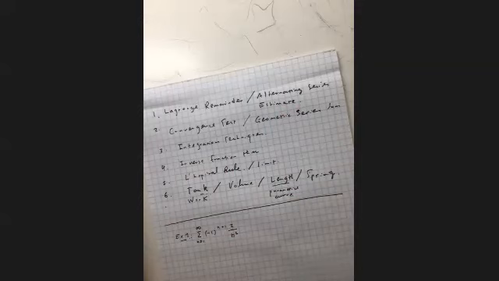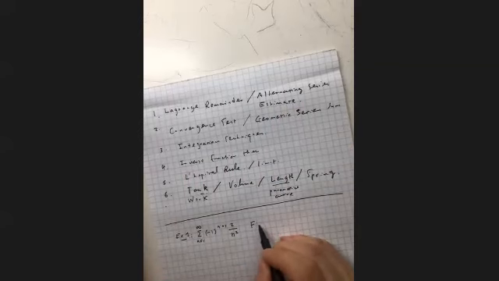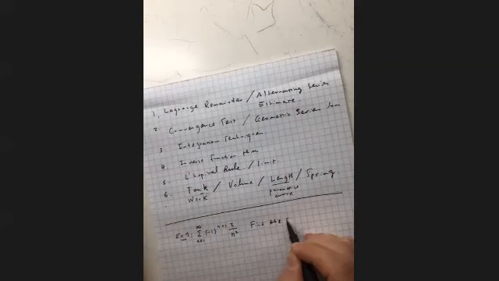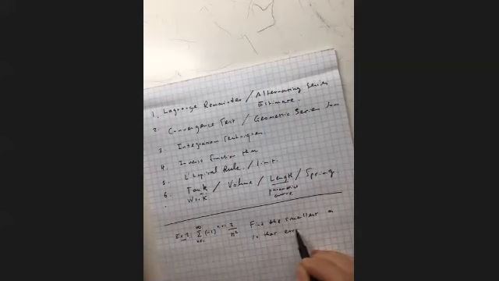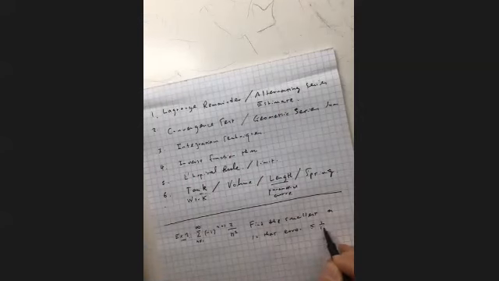Okay. Find the smallest n so that the error is smaller than 1/10.